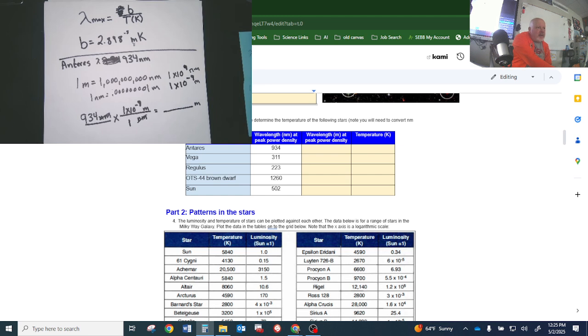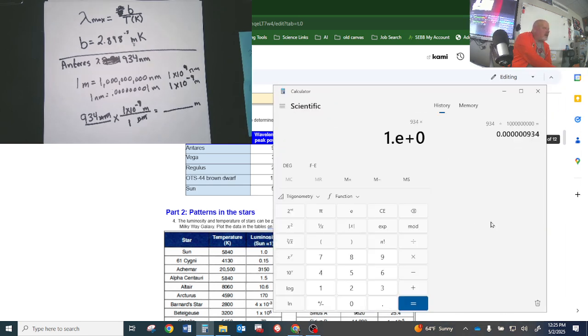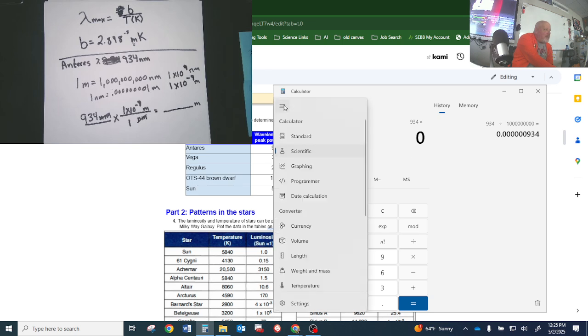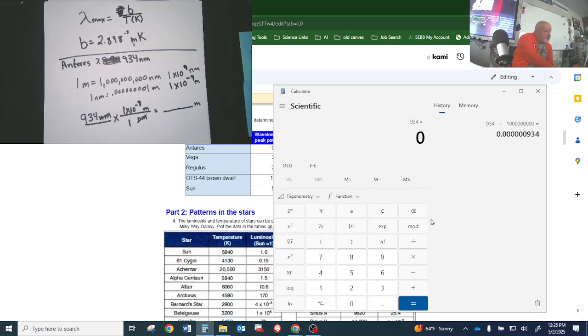Oh, I'm not doing that in the right screen. Let me start that all over again. So I brought up my calculator, the one that's on the Windows. Make sure it's not on standard, make sure it's on scientific. And I'm going to type in the nanometers, 934, times, and then I want to do 1 times 10 to the negative 9. That was this number right here.